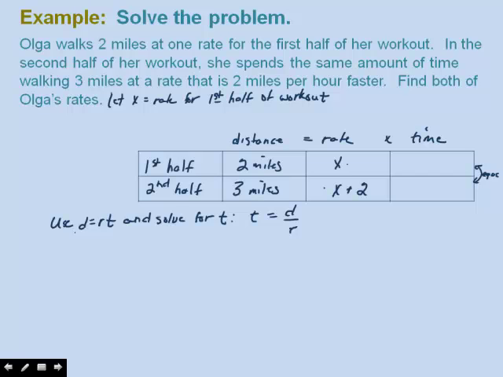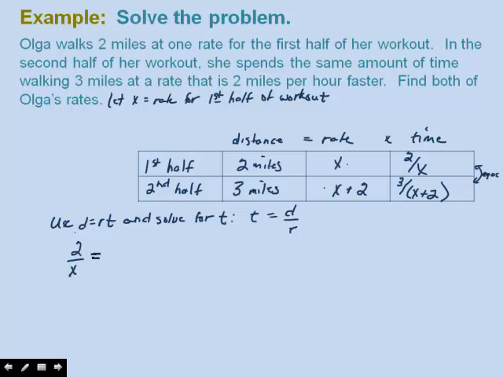For this first row, distance over rate would be 2 over x. For the second one, it would be 3 over the quantity x plus 2. So that's another way to fill in boxes that you couldn't fill in any other way in the problem. And now we know that these two times are supposed to be equal, so that actually gives us an equation.